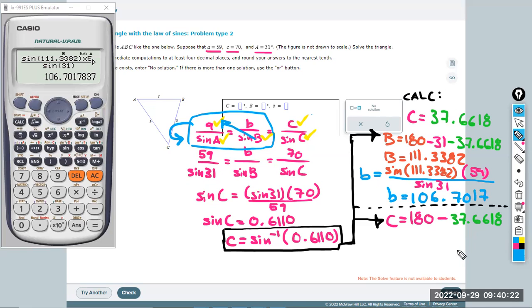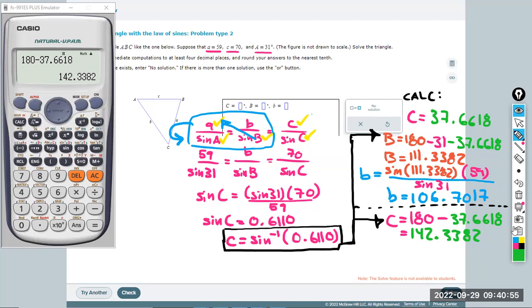The second case is exactly the same, but C is not 37.6618, which is what we get from this calculation. So C equals 180 minus 37.6618. So in the other case, C equals 142.3382.